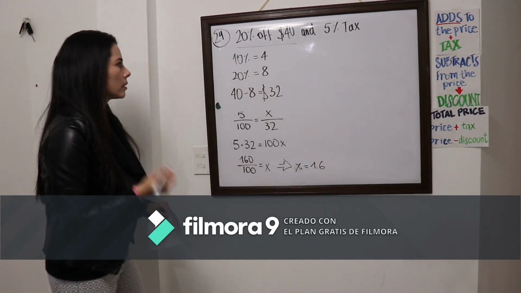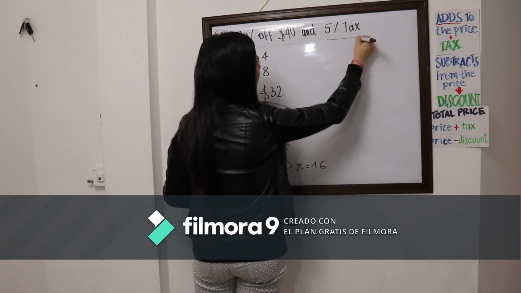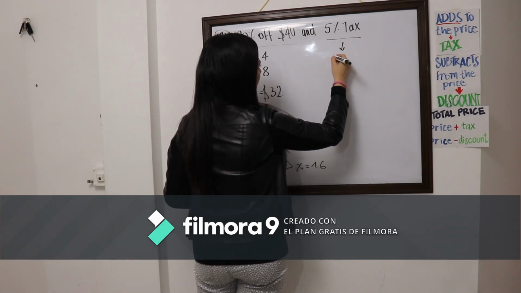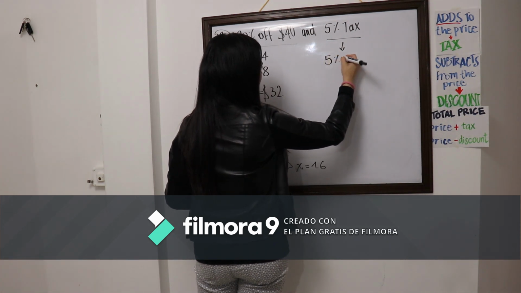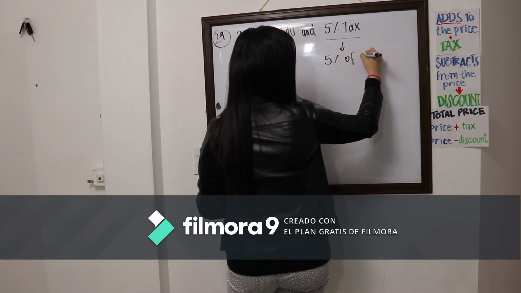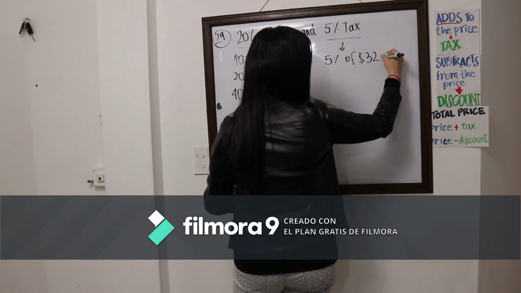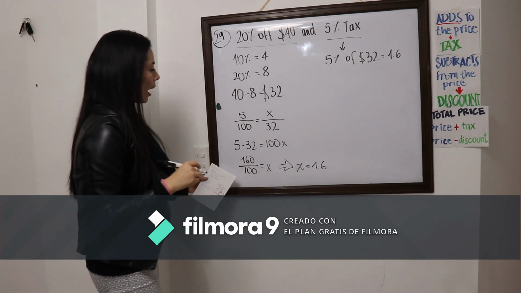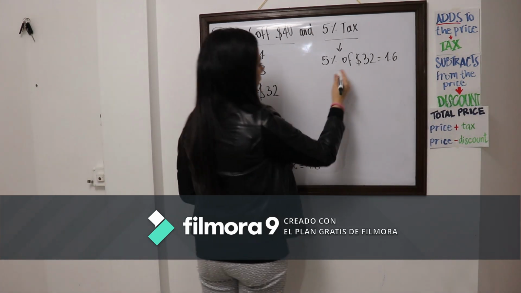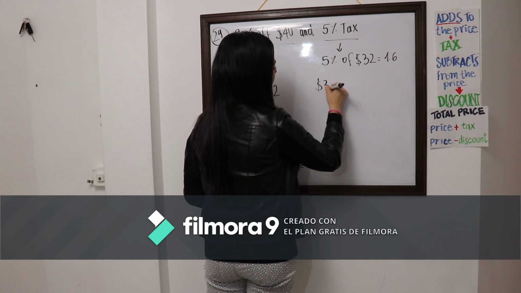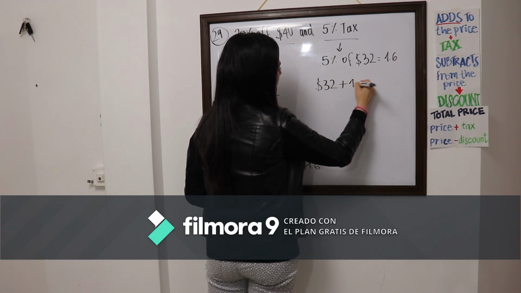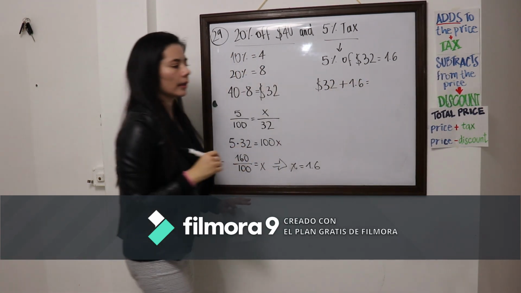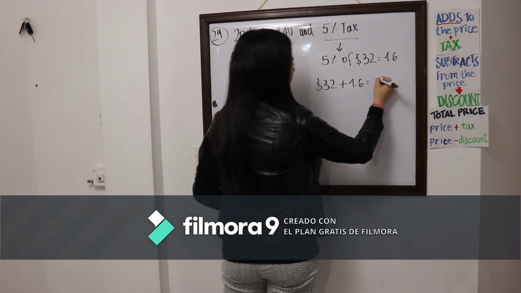Right? So we know that the 5% tax is going to be 5% of $32, which is actually 1.6. So now that we have those $32, we're going to add 32 plus 1.6. And that's going to get us into 33.6.